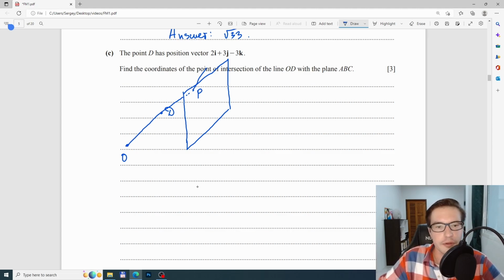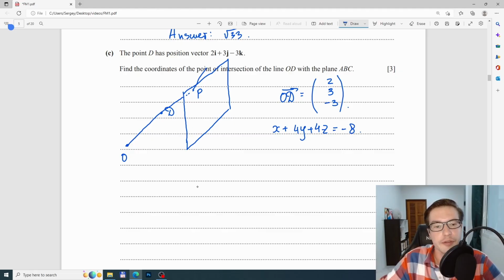Okay, so first of all, vector OD is going to be 2, 3, and -3. And remember, the equation of our plane is x plus 4y plus 4z equals -8.